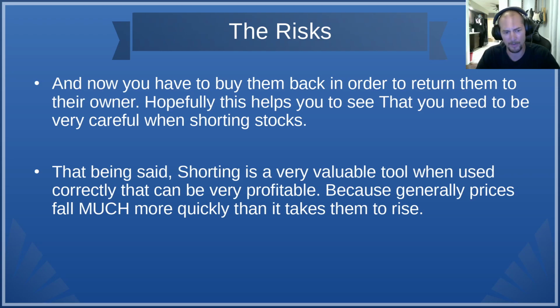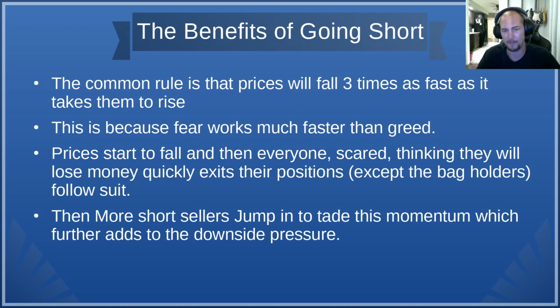because generally prices fall much more quickly than it takes them to rise. The general rule of thumb is that prices will fall about 3 times faster than it takes them to rise. This is due to the fact that fear works much faster than greed. So what happens is that prices start to fall, and then everybody's scared that they're going to lose money, so they take profits or otherwise exit their position.